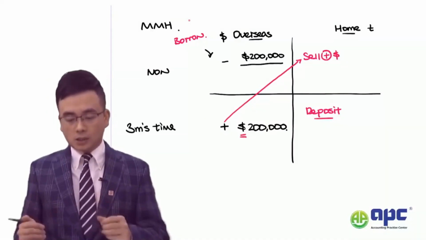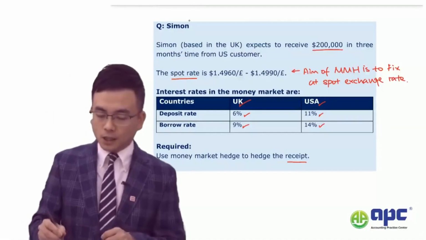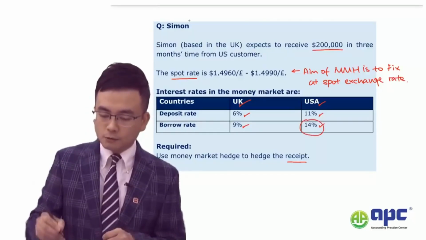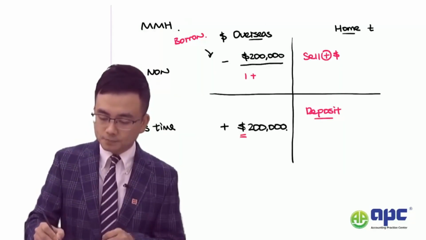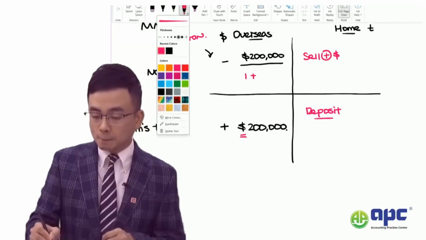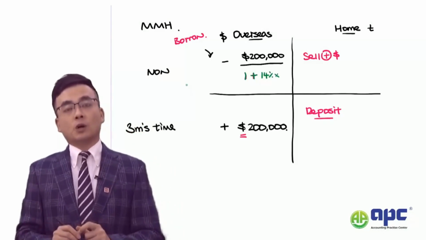Now, in the US, we borrow at 14%. Now, 1 plus 14%, but only for 3 months, so times by 3 over 12.